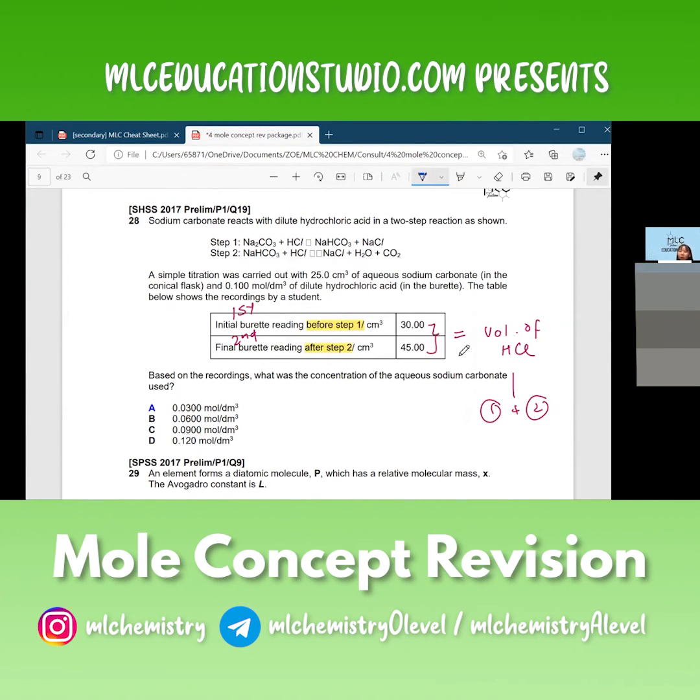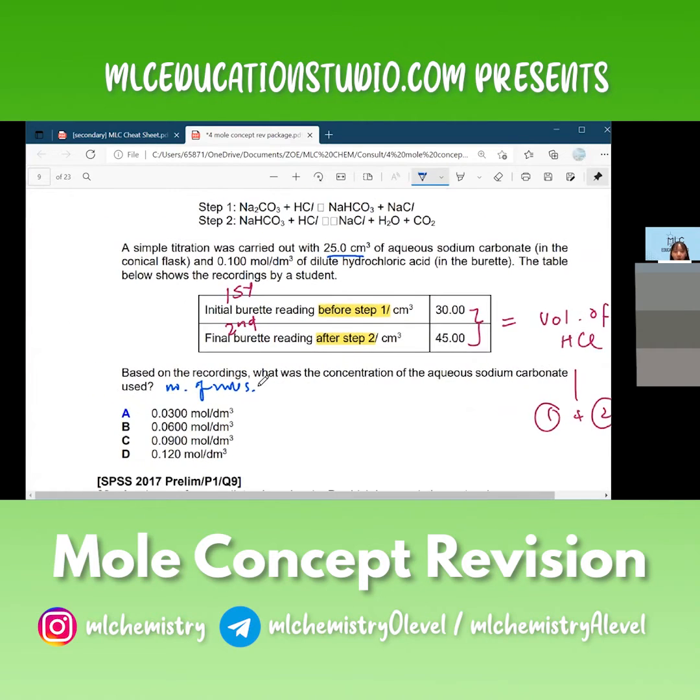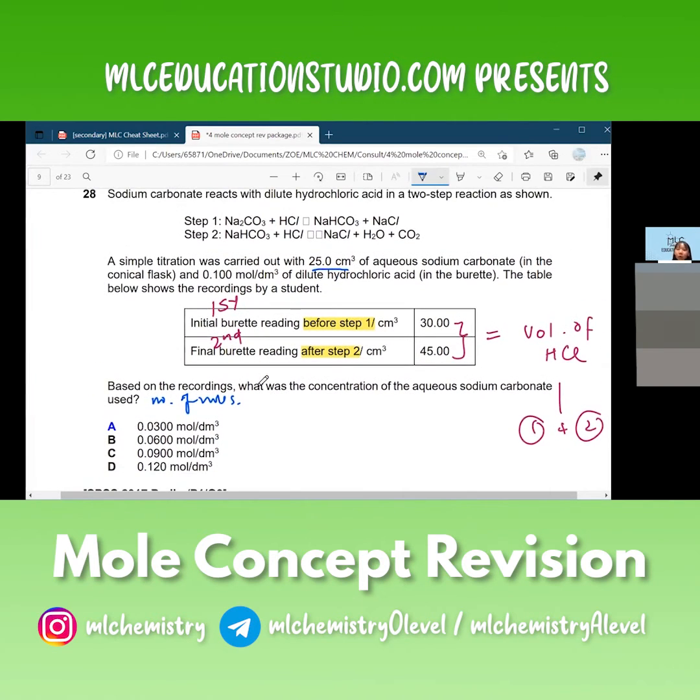Based on the recording, they want you to find the concentration of sodium carbonate. Sodium carbonate volume is given, therefore I need to find the number of moles. So volume of HCl is 15 cm³.